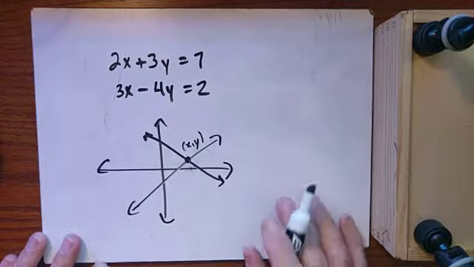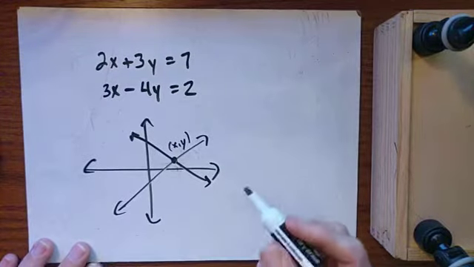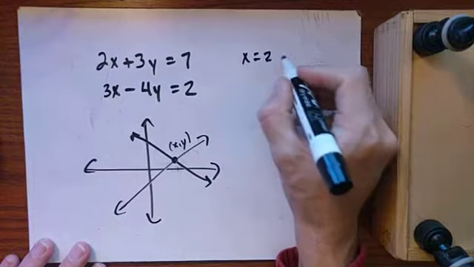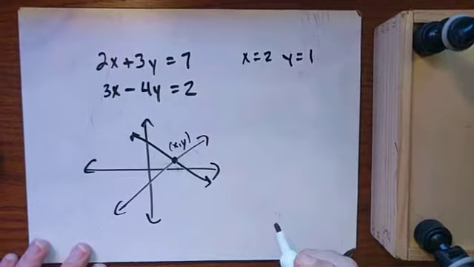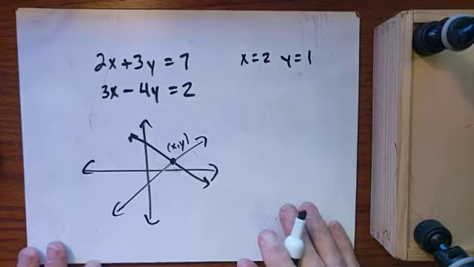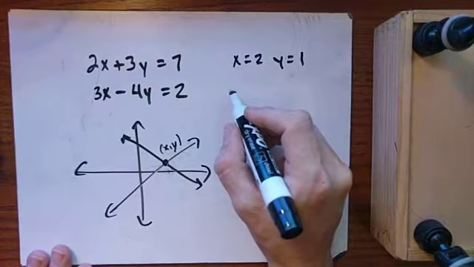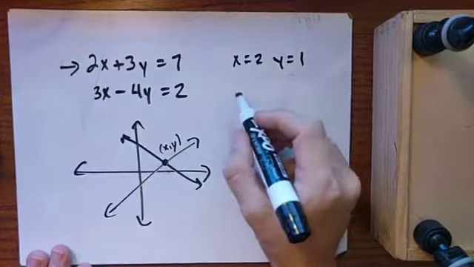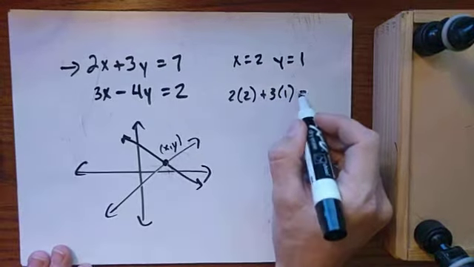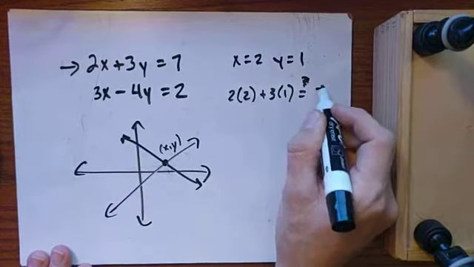Now, I will tell you what the solution to this is. The solution is x equals 2 and y equals 1. How do I know that that's true? Well, you could plug both of these into both equations. In equation 1, you would try 2 times 2 plus 3 times 1, and ask, does that equal 7?